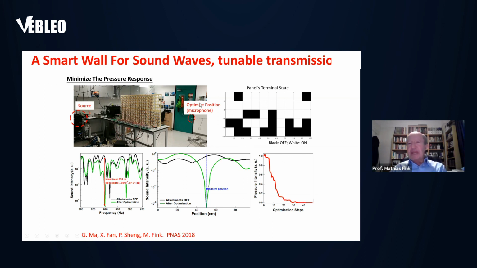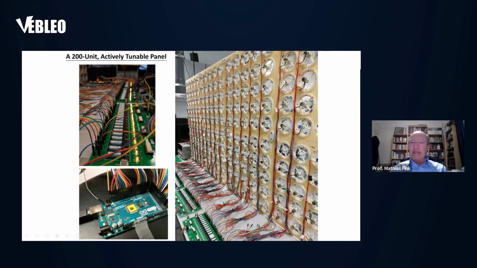And the wall is made like this. It's a little bit complex. But now we have different ideas how to make a smart wall. Here it is a transmit wall and not a mirror wall, but we are working now in France in our lab to make also a mirror wall for sound waves. But the problem you have for sound waves is that you need a wall that can control broadband sound, because when you speak, you don't send only one frequency, you send many frequencies.